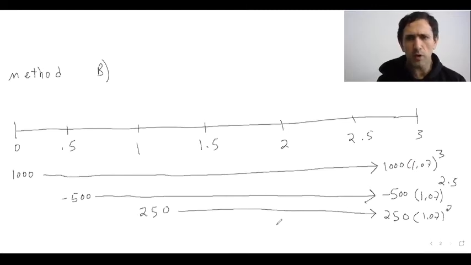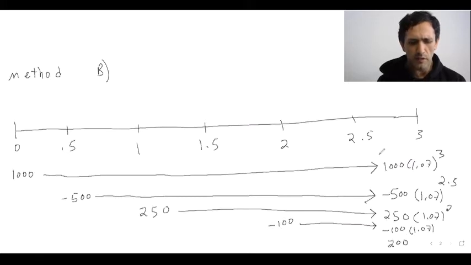We make a $100 withdrawal at the end of the second year. So that accrues 1 year of interest. And last but not least, we have our $200 deposit at the very end.